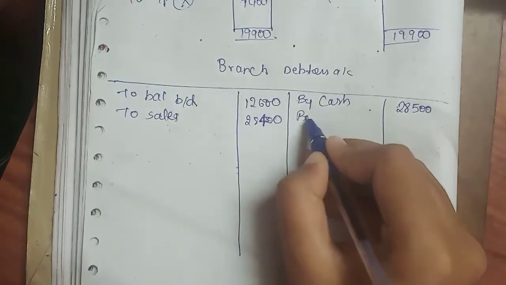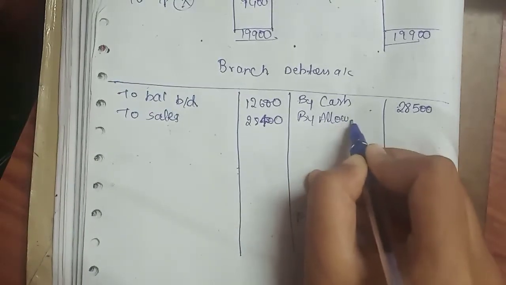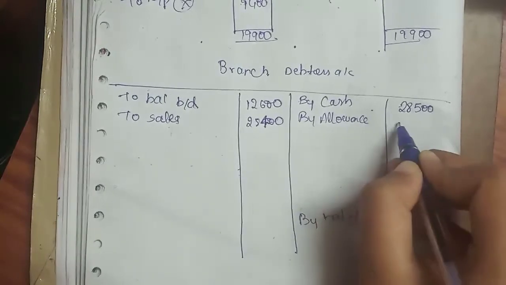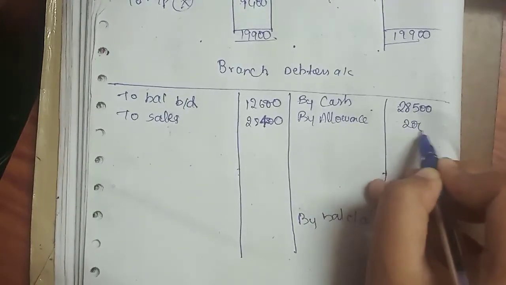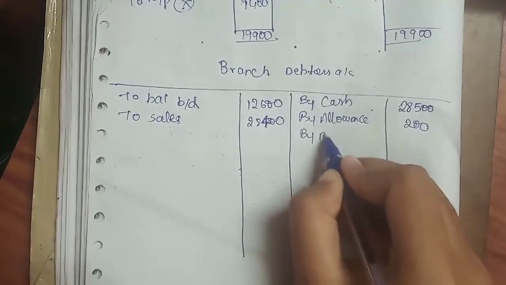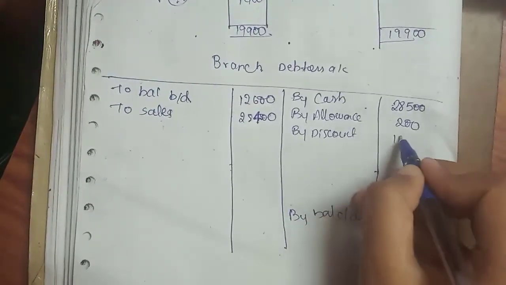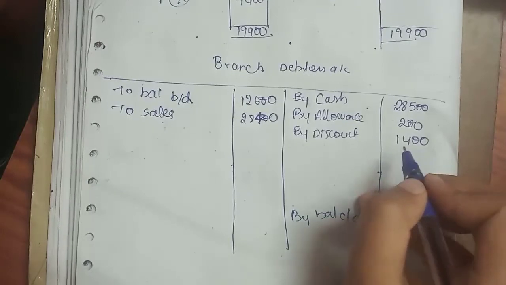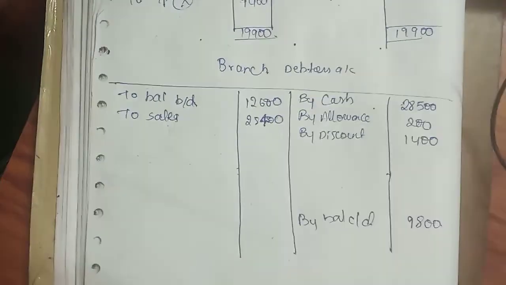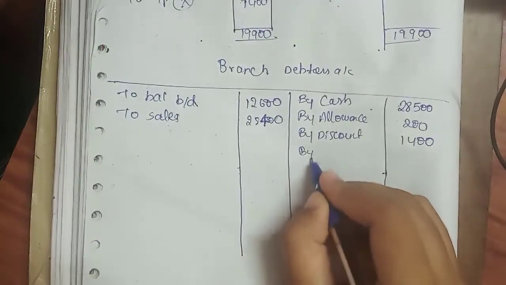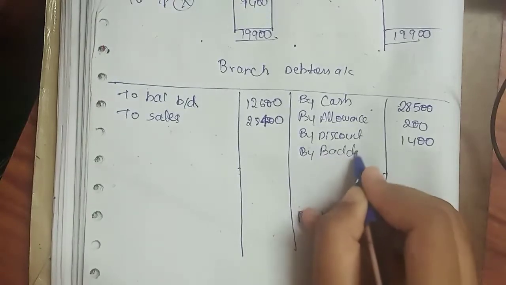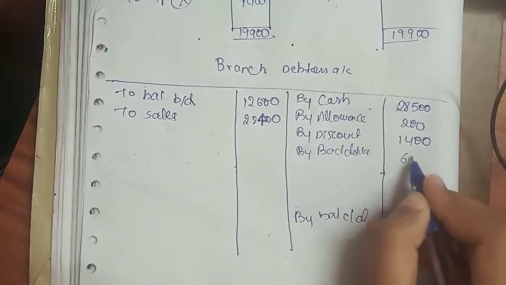Then write everything regarding the debtors. By allowance, you have given allowance to the customers, that is 200. Next you have given discount to customers, 1,400. Then bad debts 600.